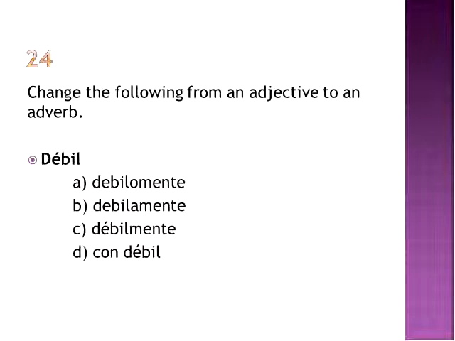Generally speaking, you convert the adjective to its singular feminine form and then add mente at the end. So, débil, you first have to ask, is that masculine or feminine? In the case of débil, it's both. There's no such word as débila. It's just débil. So it would be C, débilmente. Correct. Very good.